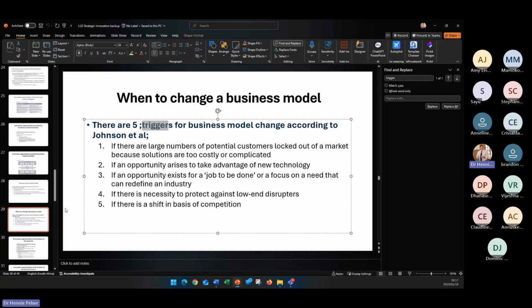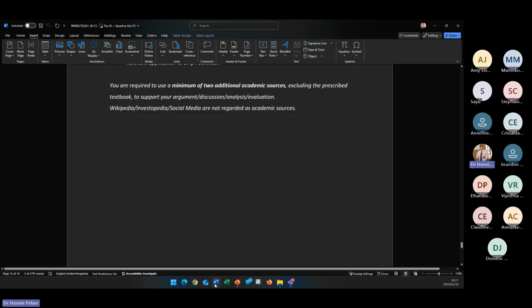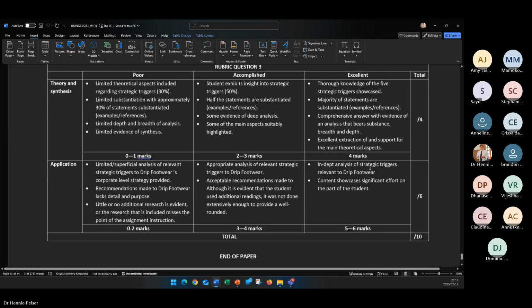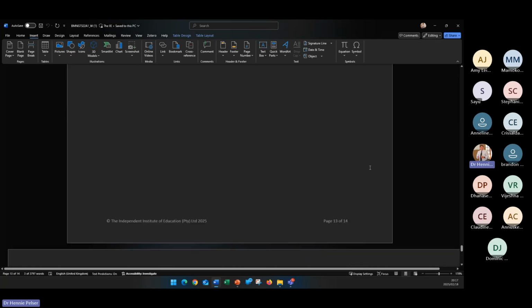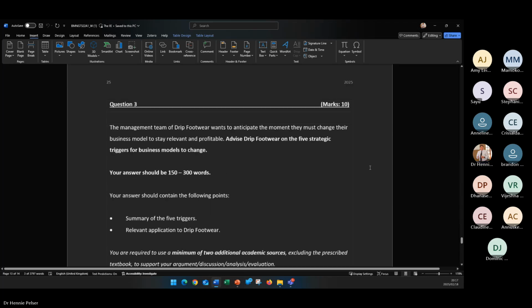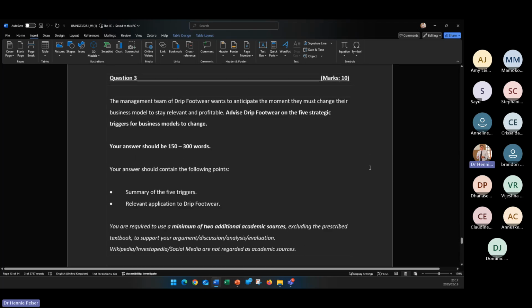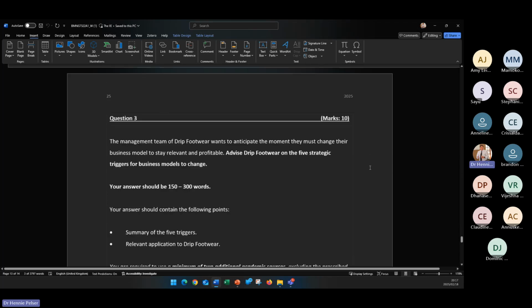So yeah, there it is. I've kept that in just as an aside, because I think they might not have had this new textbook when they did the assignment. So those are the 5 triggers there. And there are the marks. It's only 10 marks, but 10 marks is a lot. Okay. And then, yeah, summary there.